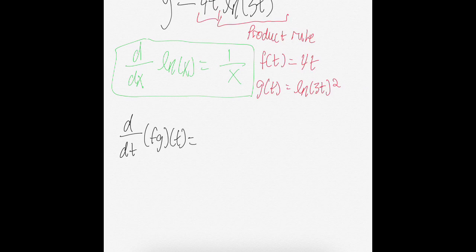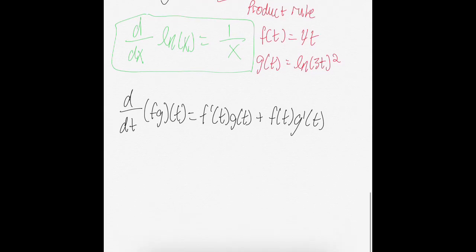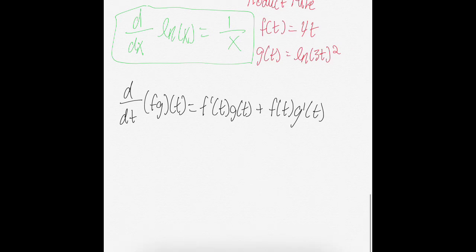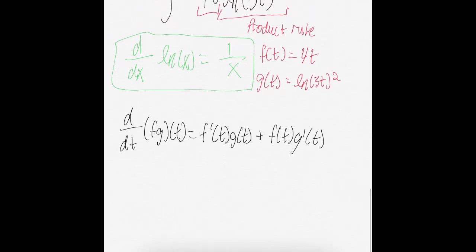Okay, so now we want to take the derivative, so d/dt of f times g of t. You'll recall that is just f prime of t times g of t plus f of t times g prime of t. Okay, hopefully this is getting fairly familiar to you now.